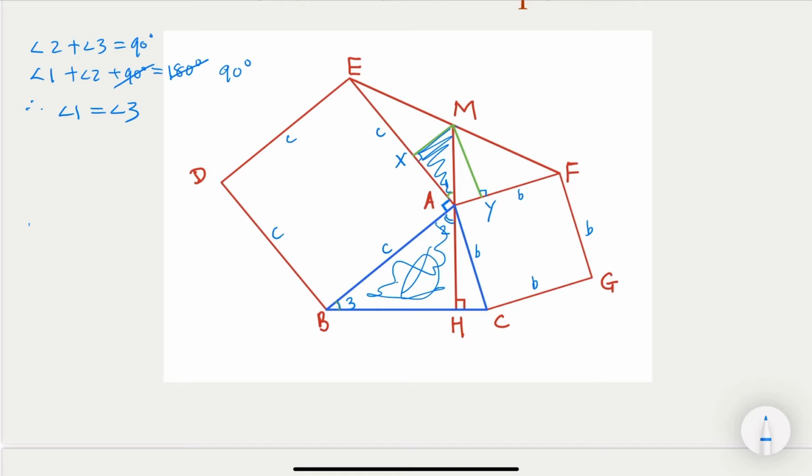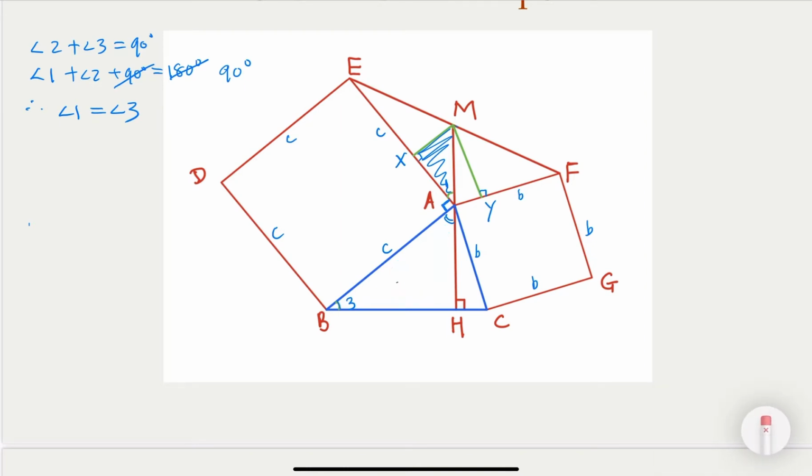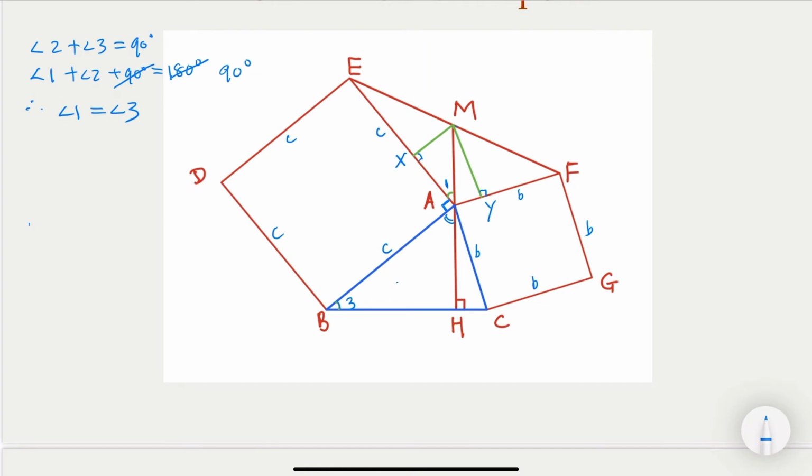So with that, the corresponding sides are proportional. So let's mark them, right? So I'm going to erase the marking here. So the size I'm interested in is, let's call AH size H, and let's call AM size M, and let's call this X, let's call this Y. Okay, so the length of the segments, right?